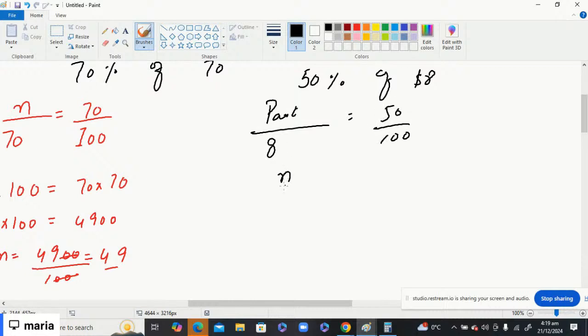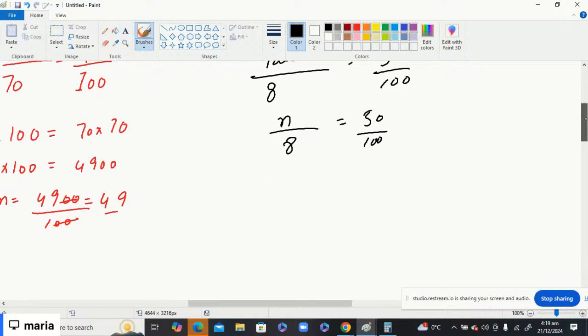Part is represented with the letter N, so N over 8 equals 50 over 100. So N times 100 equals 8 times 50.